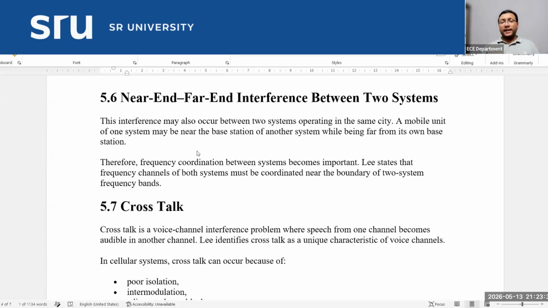But instead of that, I am receiving a strong signal from some other system that is not actually telecom, that is something else. Suppose some police Wi-Fi, walkie-talkie signal that I am receiving. If the scenario is like that, this is called near and far end interference between two systems. So here one system is telecom, another system is police walkie-talkie. Okay.